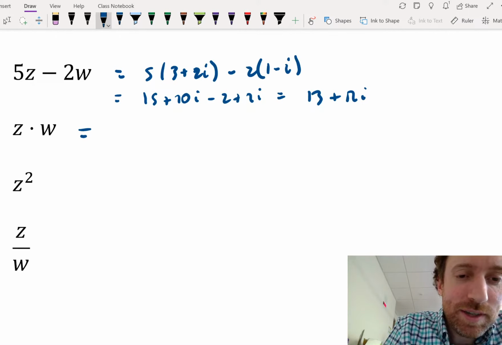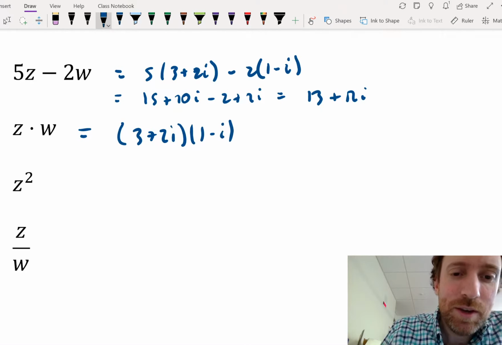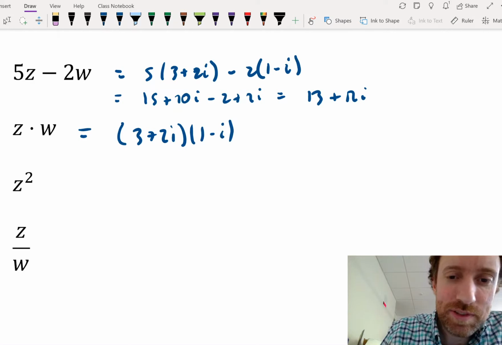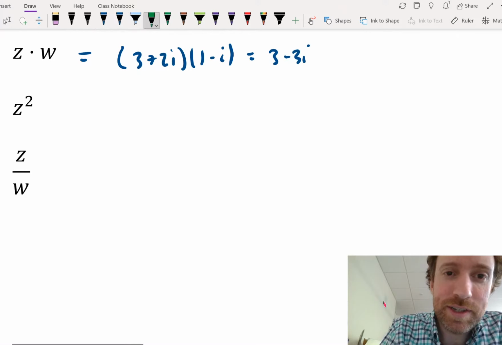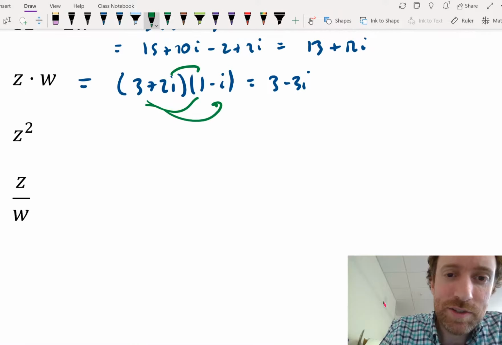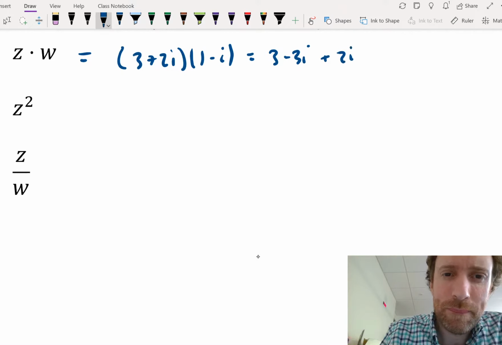z times w is 3 plus 2i times 1 minus i. Again, with the distributive property, this is 3 minus 3i, so I'm going to just distribute, and then distribute this guy as well. Plus 2i minus 2i squared.